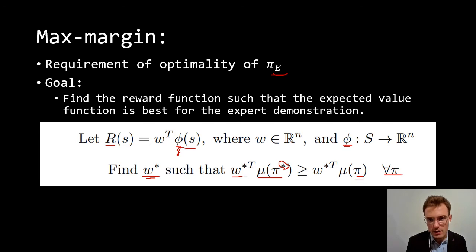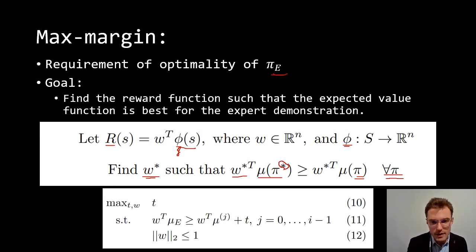You can have many candidates, and you have a constrained optimization where you want it to be maximal. This is the value, remember, because of linearity. In practice you want to maximize the margin of the difference. Here we have the expert one, and here we have the one from J, which is candidate number J, and the difference being T, and we want to maximize T with the constraint of W being regularized, so not having a norm greater than 1.